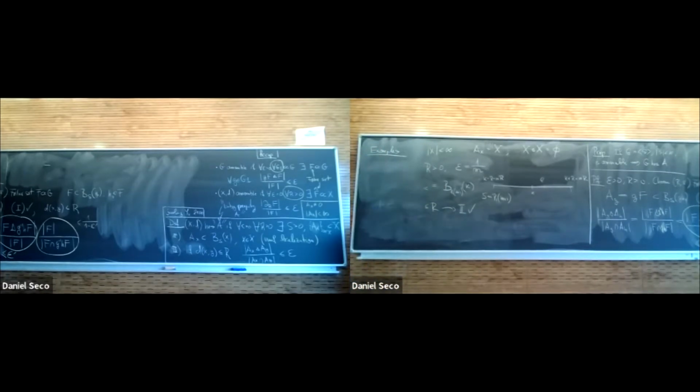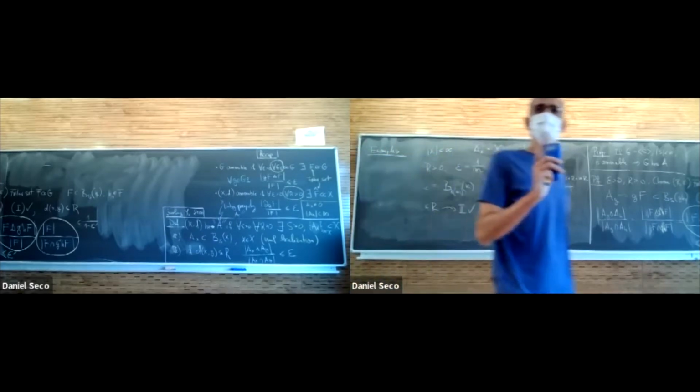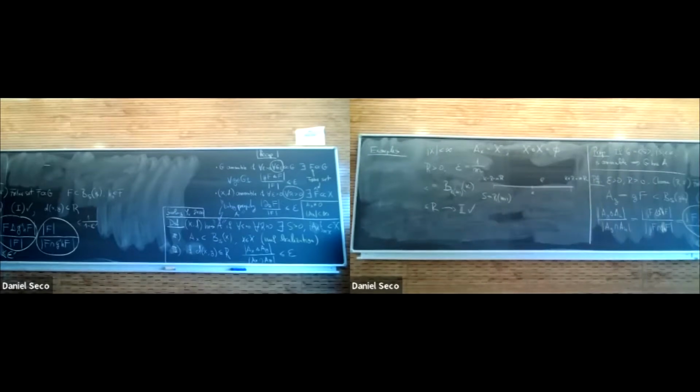Is the class of groups with property A closed under semidirect products? Okay, the class of amenable groups is very stable under semidirect products, extensions, and direct limits, and so on and so forth.